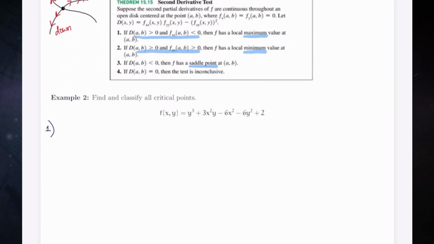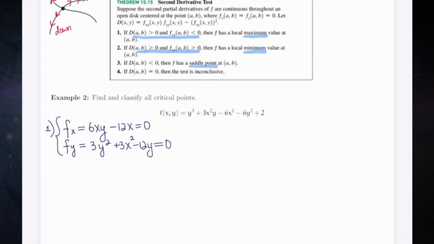Okay, the first derivative with respect to x is going to be 6xy minus 12x. I'm going to set it equal to 0. And then the partial with respect to y is going to be 3y squared plus 3x squared minus 12y is equal to 0.